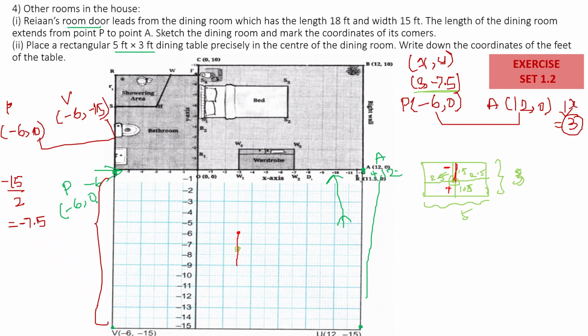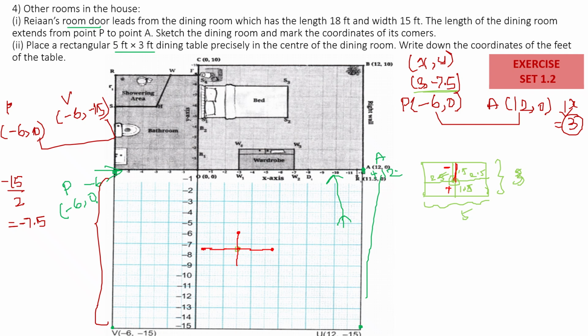Now the same way we will mark the length also. From the center point we'll take 2.5 feet. So how can we take it over here? So this is 3, and if I mark over here, it's 1, 2, 2.5, right? Same, 1, 2, 2.5.